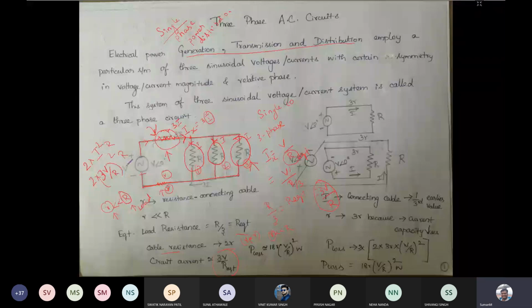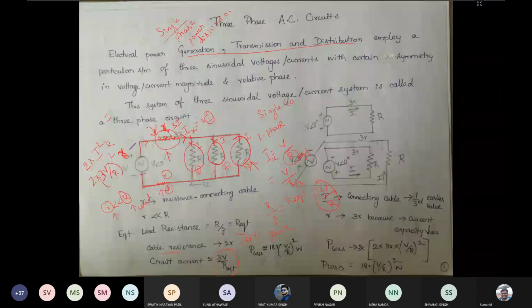So if you find the overall value, the power dissipated across the top cable and bottom cable together is given by, okay, this is smaller. This is the resistance of the cable, that is, small r.